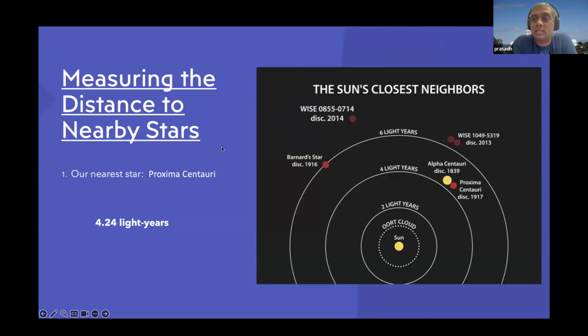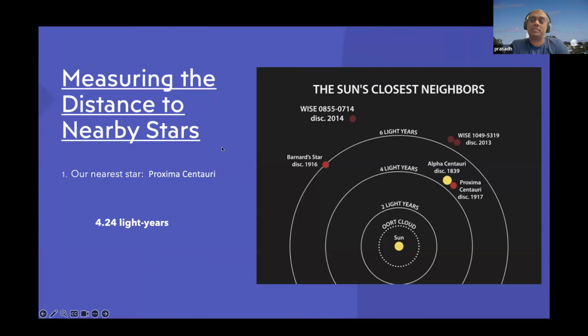Stars have a different definition. So I have another answer. The closest star is the Sun. That is exactly correct, right? The Sun is actually the closest star for us. We have the Sun at the center, very close to us. That is, in fact, the correct answer.